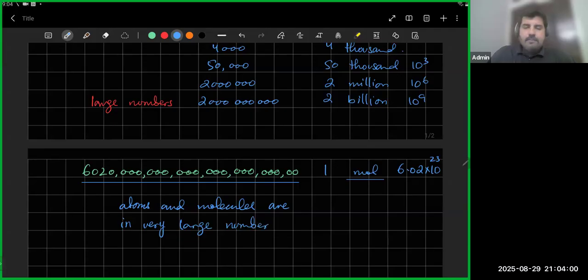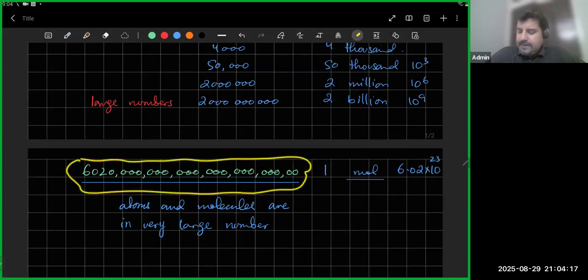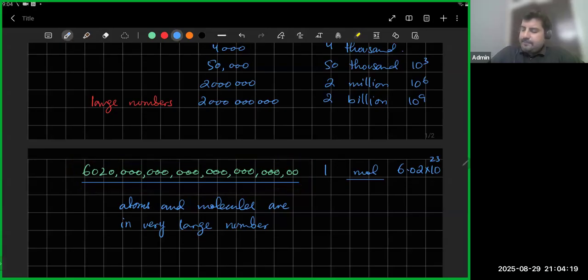Even a small droplet of water has, I think, close to a mole of atoms. मतलब थोड़ा सा पानी होगा ना, a very tiny amount of water, that will have this many water molecules. Okay, so the point is, they're in very large numbers.